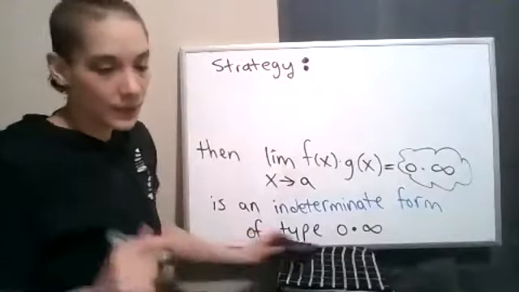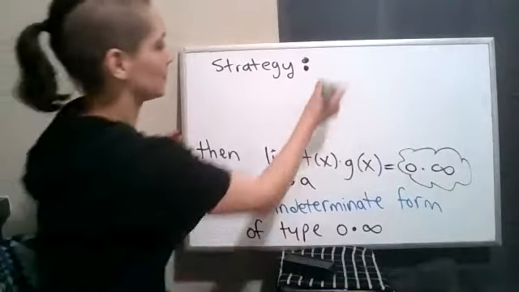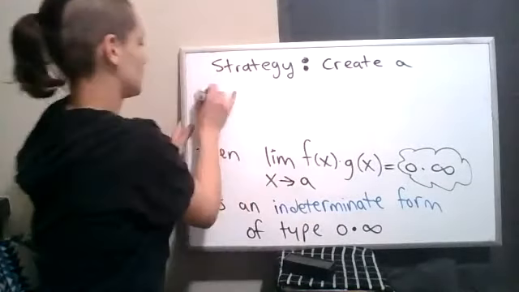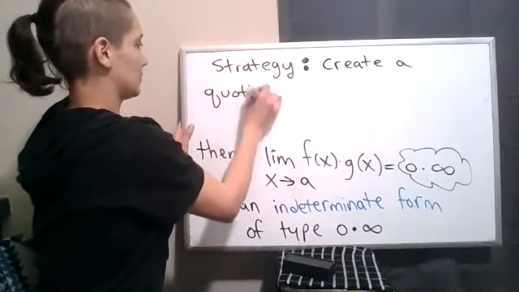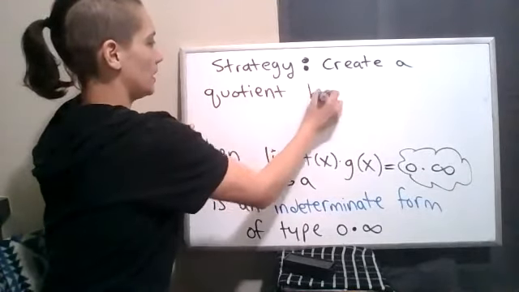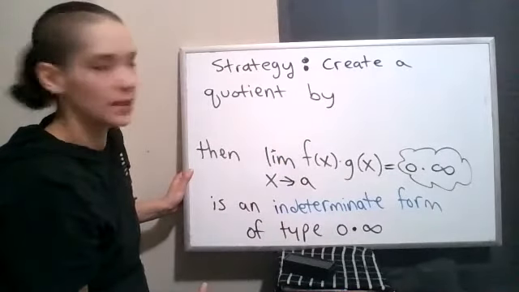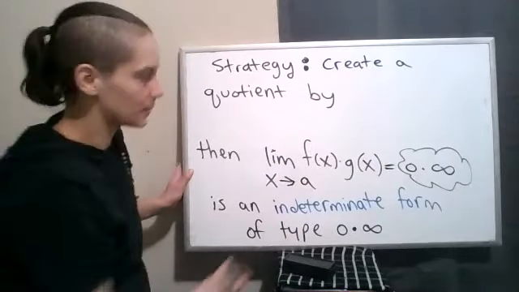Create a quotient by dividing by the reciprocal of either f of x or g of x.